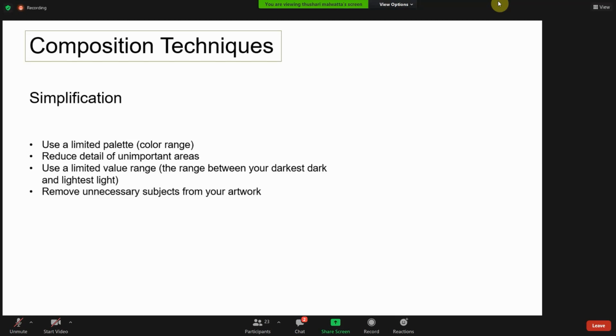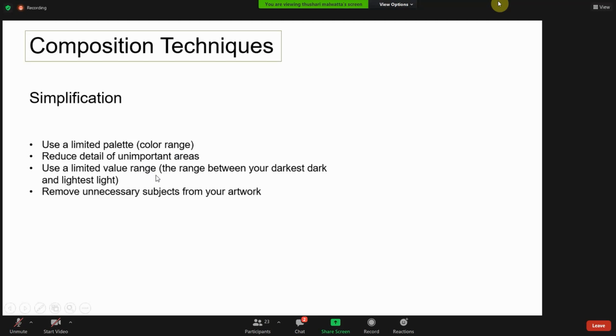In those cases, I will show you some graphic work also, because I thought it would be much related to your work. So reduce detail of unimportant areas.